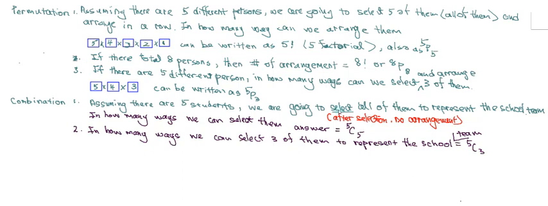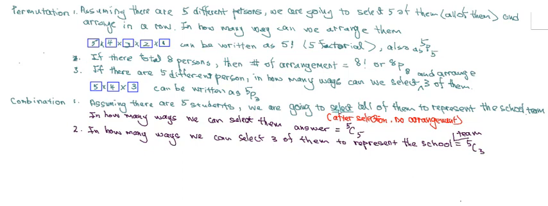You have A, B, C in that order of selection, or B, C, A, or A, C, B, but finally the team still consists of the same three persons. So all of this is considered as one way, or one combination.